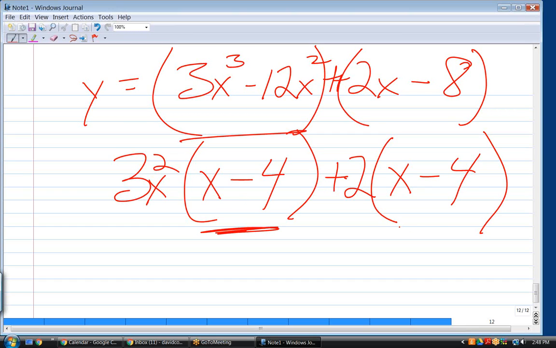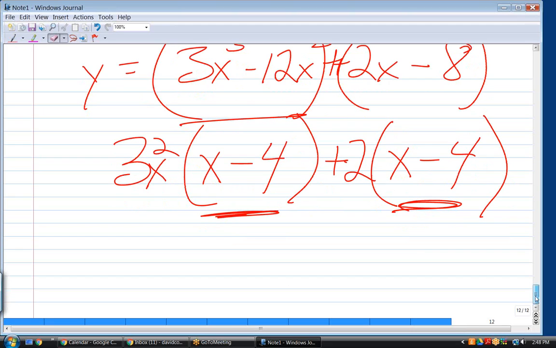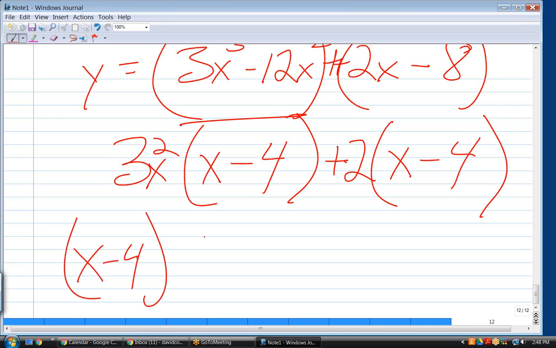But the fact of the matter is that factoring is merely dividing every term by your factor. So I can factor out the x minus 4 as a quantity, leaving what? 3x squared plus 2.